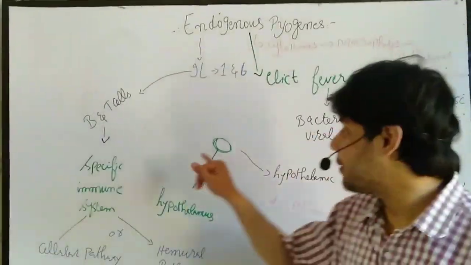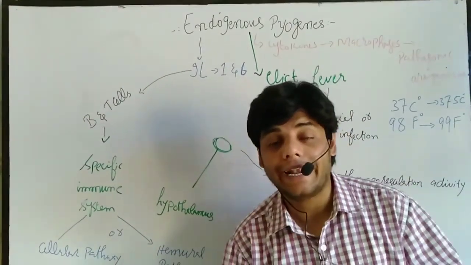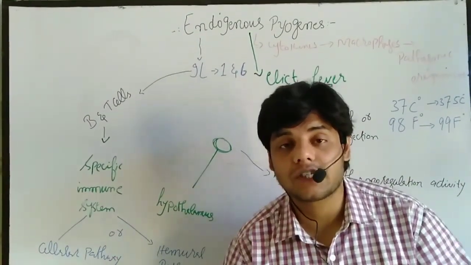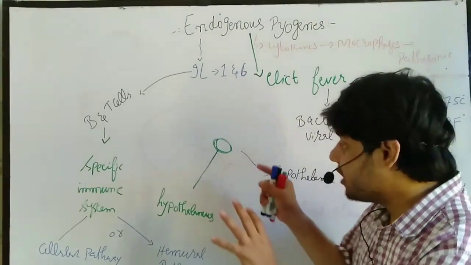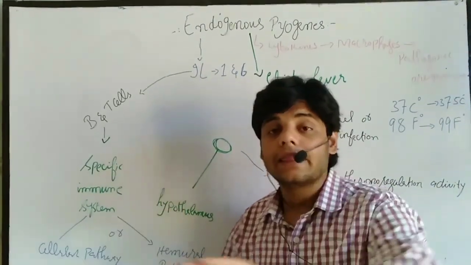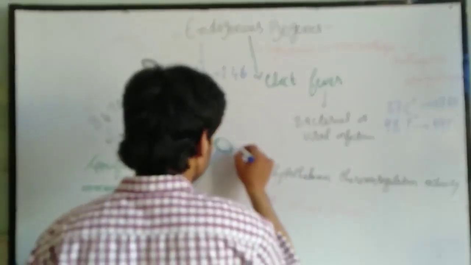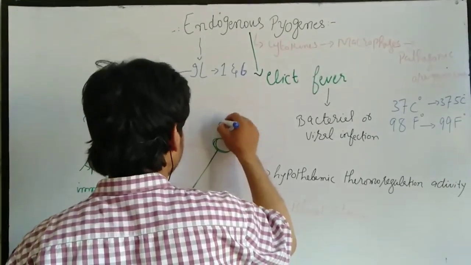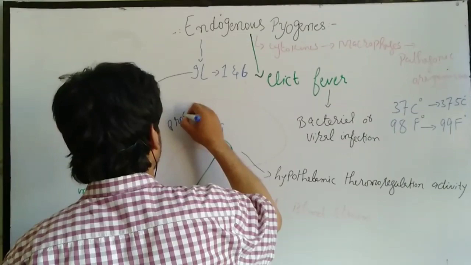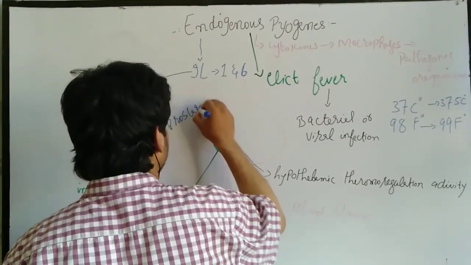And after reaching the hypothalamic area of the brain, they will induce or activate the neurons. Once the neurons are activated, then after that the prostaglandins are secreted. They will secrete prostaglandin.